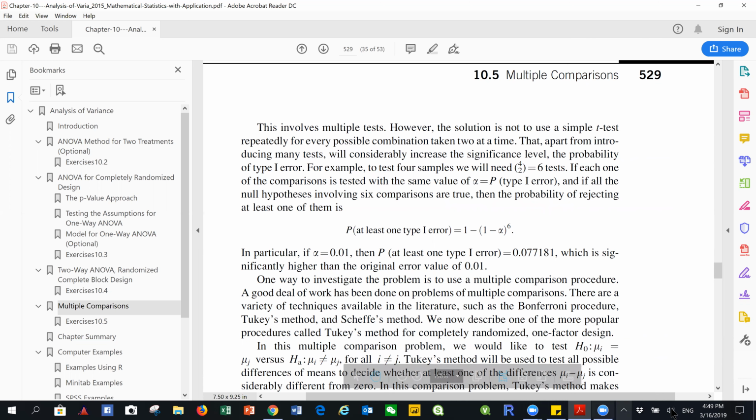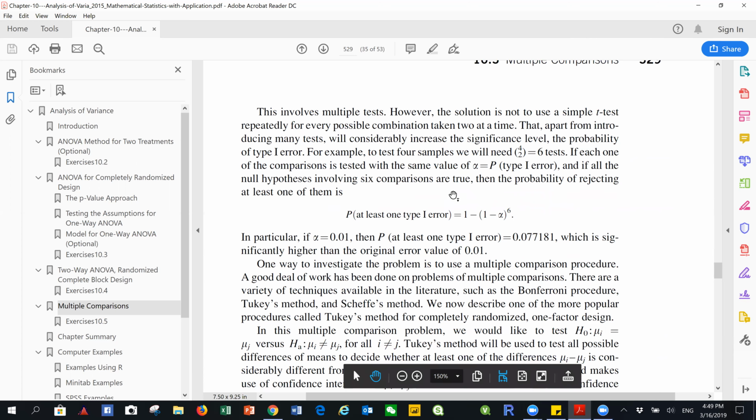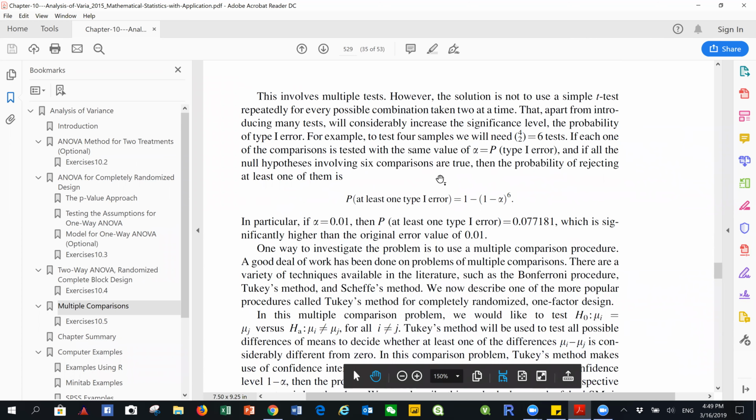But is there any better way that we can avoid inflating the type 1 error and also show the rank among the different population means? And the answer is yes, because we can use the multiple comparison.